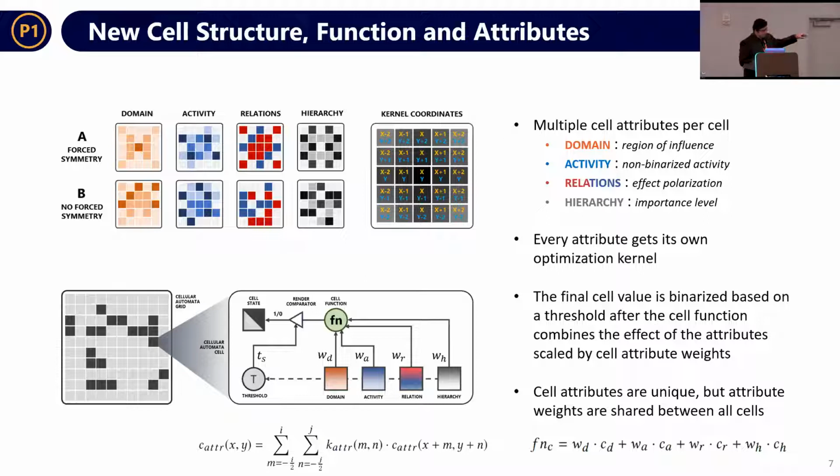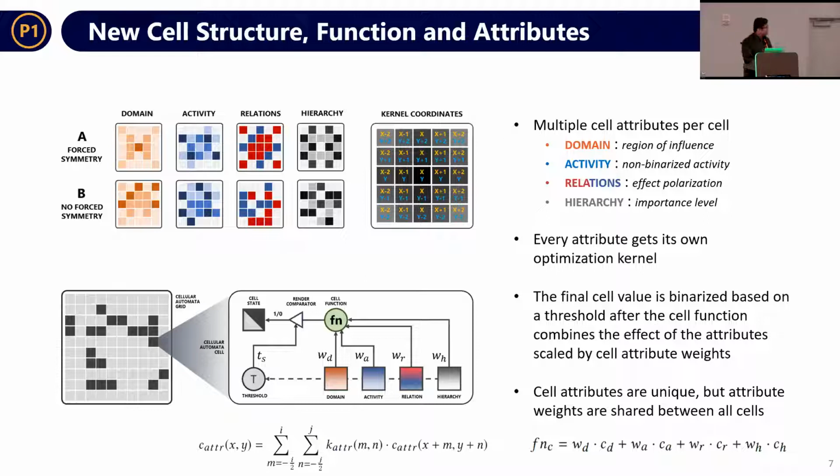So you can see here, every cell shown over here, we can model this as a combination of multiple attributes. Here, the attributes are the domain, the activity, the relation, and the hierarchy. And we can have them as a weighted sum of this passing through a function, and then having a comparator to decide whether it's an active cell or an inactive cell.